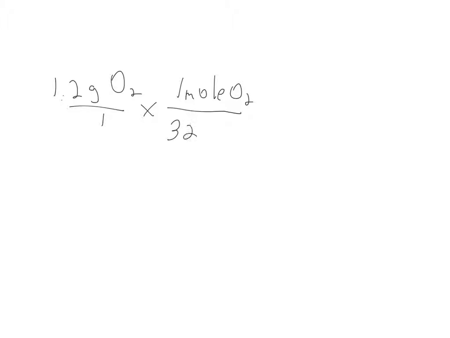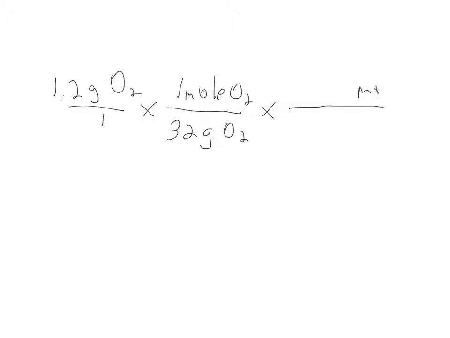So for the oxygen, which is the other reactant, if I did the same thing, I've got 1.2 grams of oxygen, O2, I'm going to put that over 1, times 1 mole of oxygen per the formula mass of oxygen, which if I add that up from the periodic table, is 32 grams, times my mole ratio.